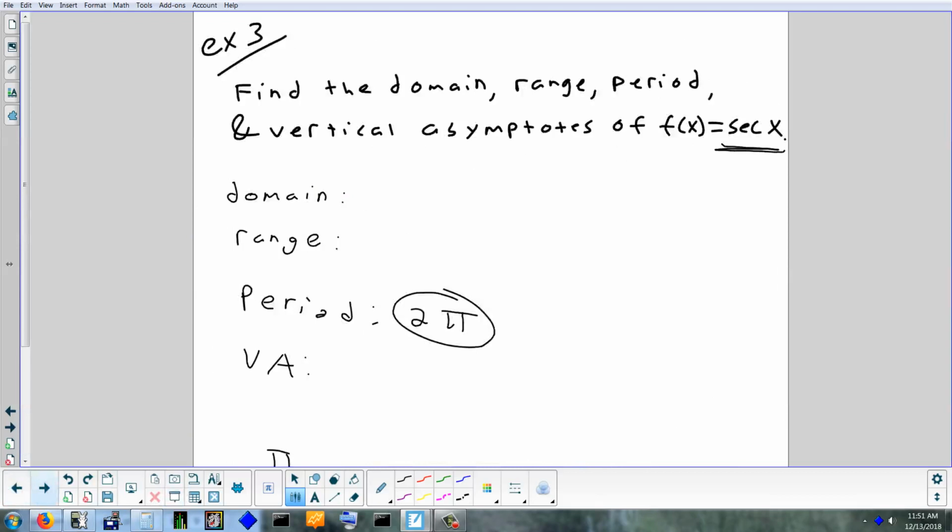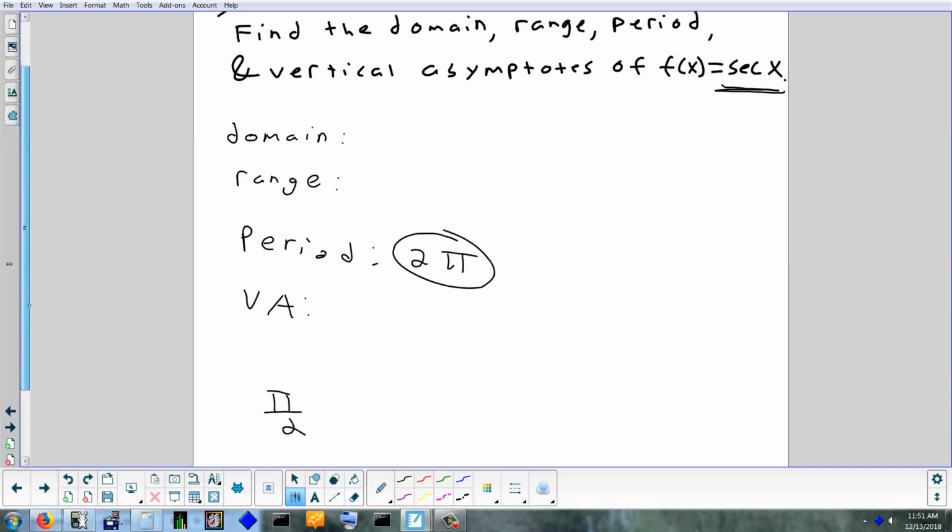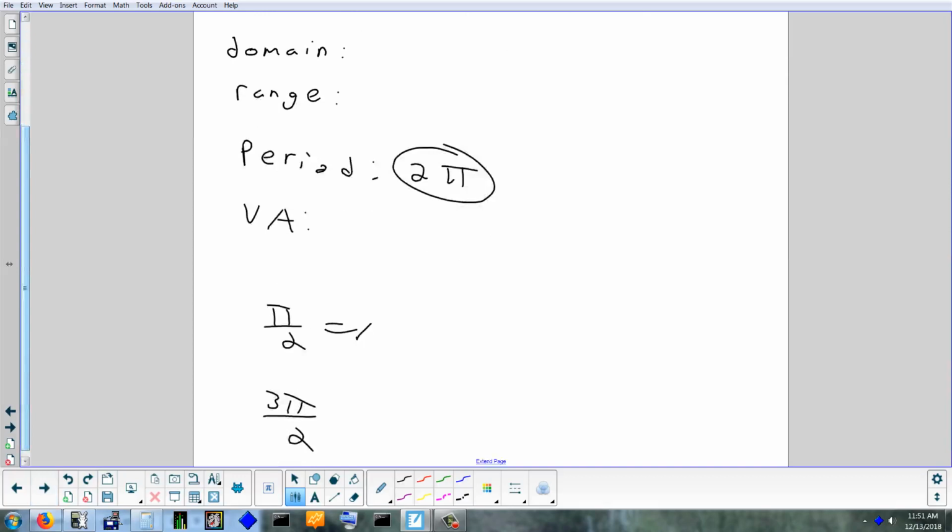What's the thing you would plug into secant? Like if I had log of 2, remember that's not the log times 2, that's the logarithm of 2. 2 is what I'm taking the log of. So what would you be taking the secant of there? X, yes. So set your asymptotes equal to the argument and solve.